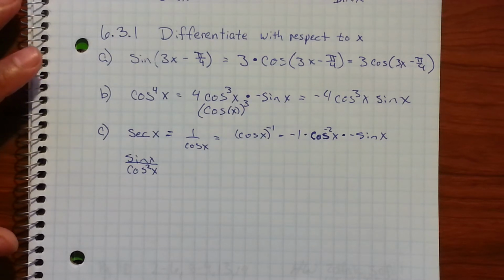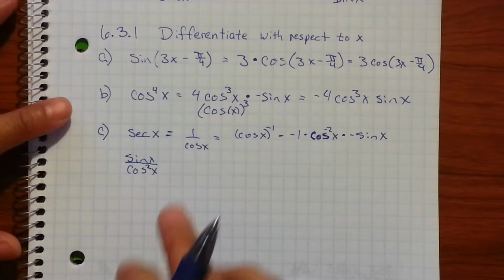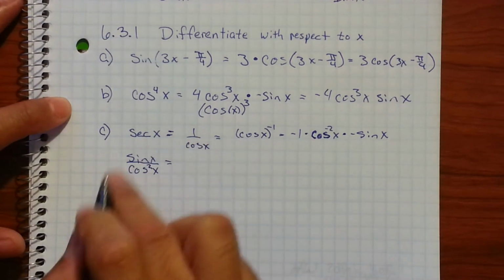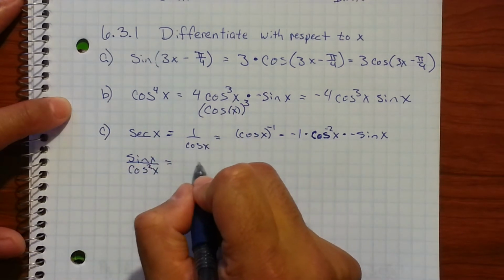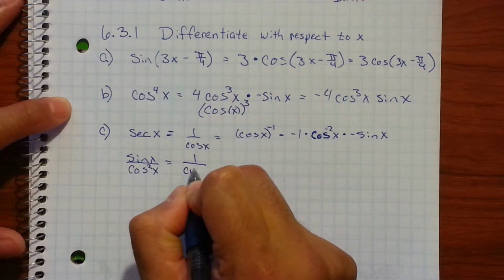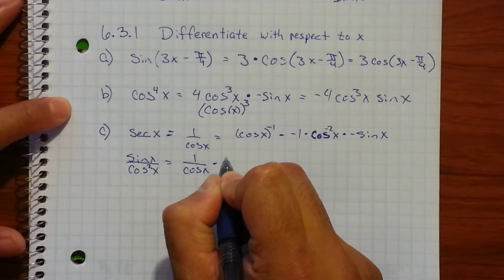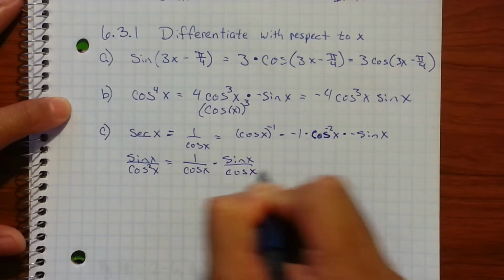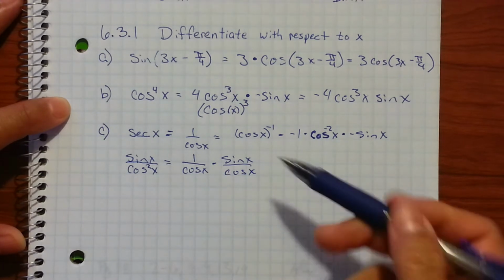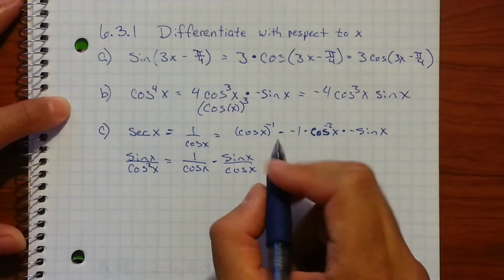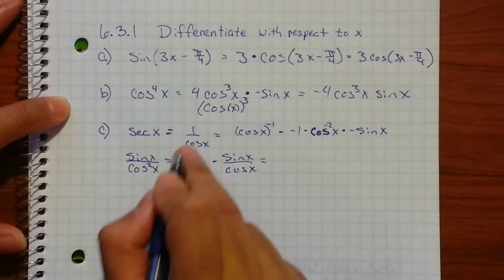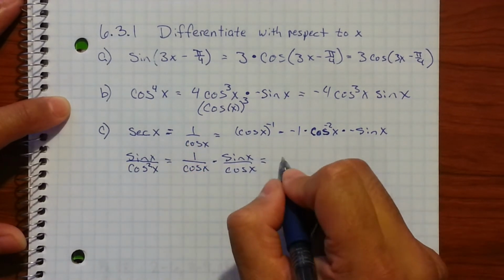Now, with this one right here, we're going to come up with a couple different identities for my answer. I could rewrite this as 1 over cosine x times sine x over cosine x. Sine over cosine gives me tangent. And 1 over cosine is my secant.